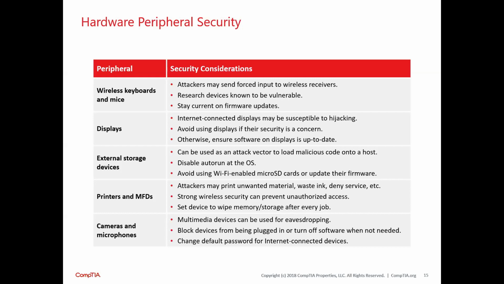For example, wireless keyboard and mice. Attackers may send forced input to the wireless receiver. Research devices known to be vulnerable, and you need to make sure that you stay current on firmware updates. Even your cameras or your mobile phone are prone to attack.